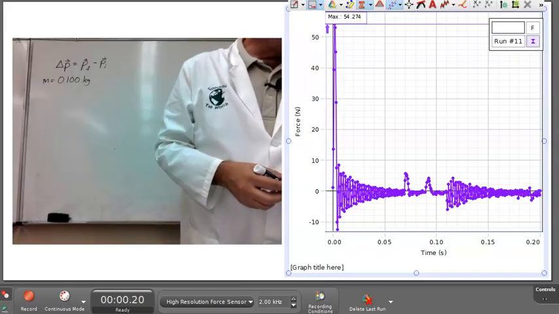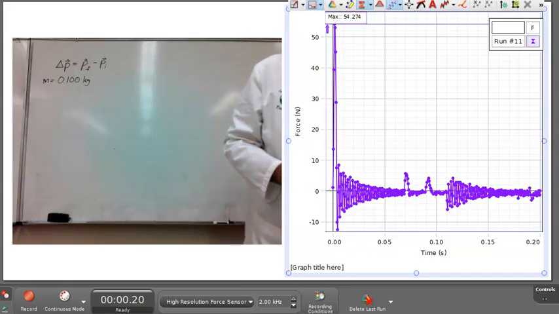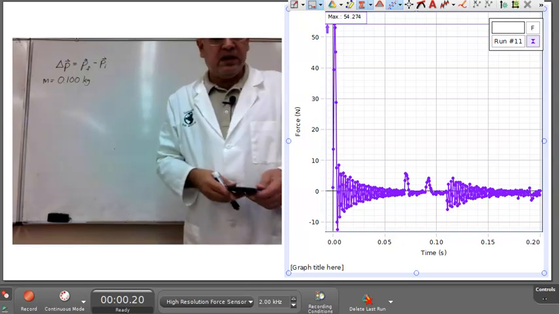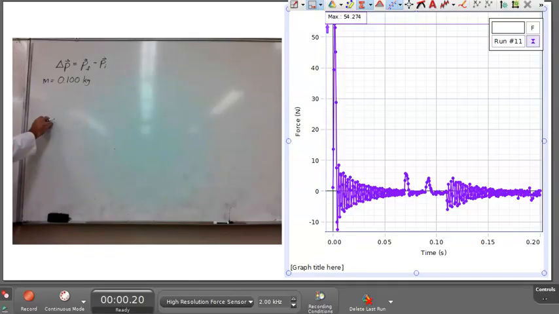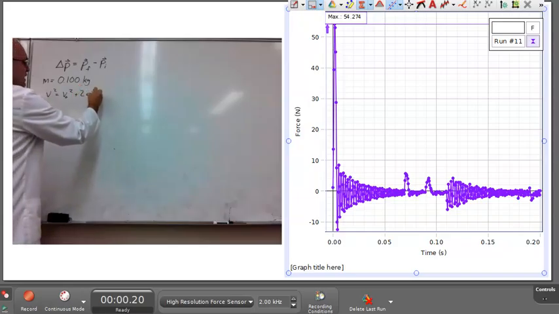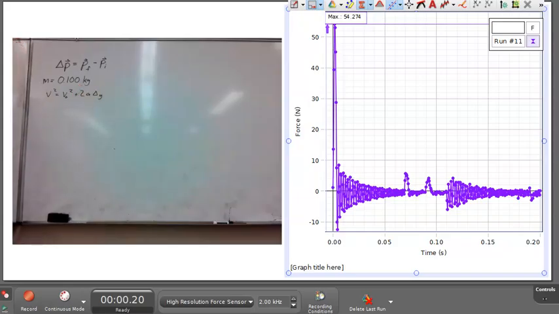0.100 kilograms. The next step then is how fast is it going when it hits the table? Well, if you recall from our free fall equations, v squared equals v0 squared plus 2a delta y. We know free fall, we know the free fall acceleration. We need to find out what the height is.